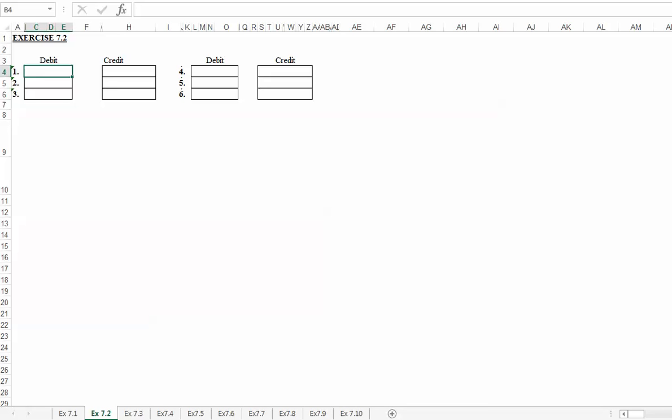Let me make a helpful suggestion here. Look on page 193, and let's assume that we did use a sales journal for this transaction because it is a sale on credit, and that's what your sales journal is for.